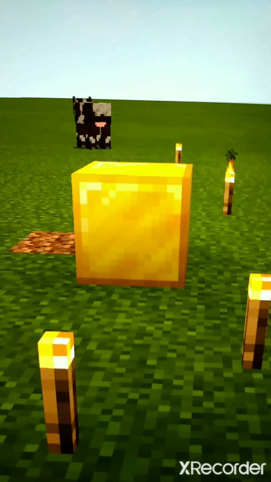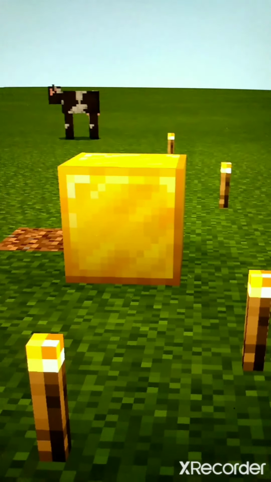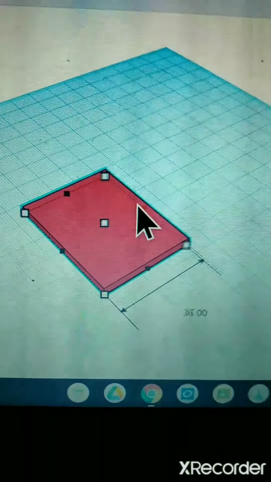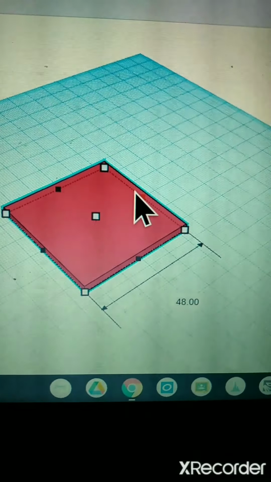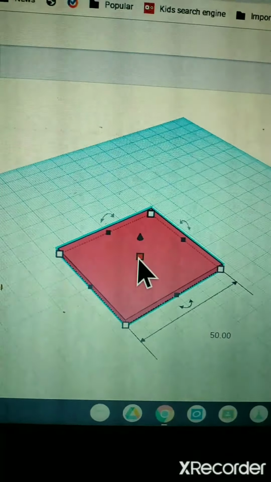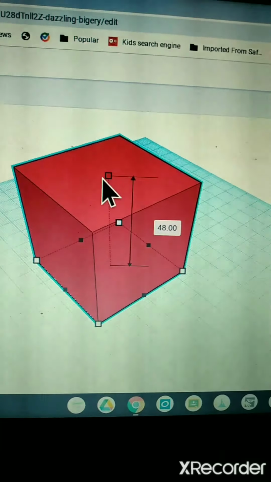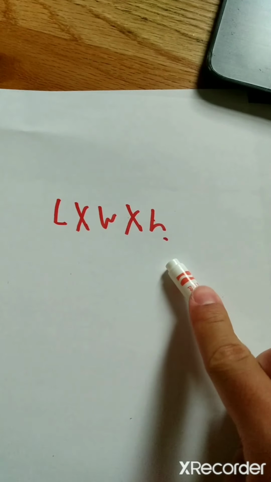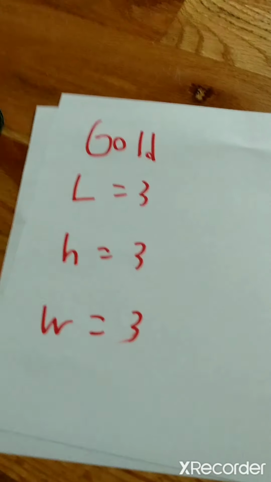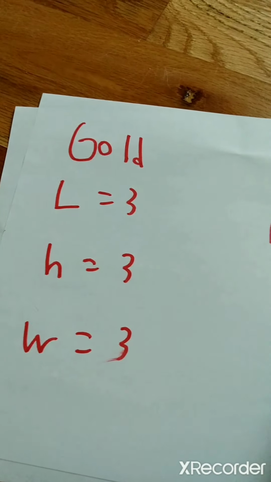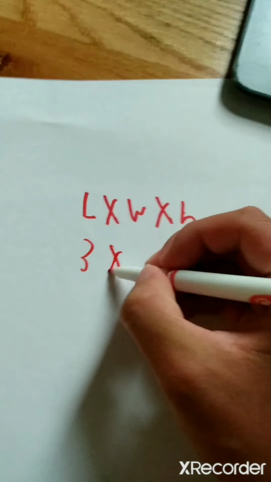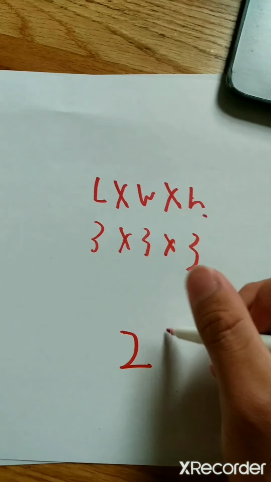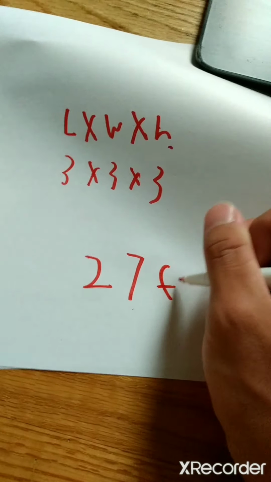Since Minecraft blocks are in the shape of a cube, the length multiplied by the width multiplied by the height gets us a cube. Length times width times height. So if all the dimensions are 3 feet, 3 multiplied by 3 multiplied by 3 brings us to 27 feet cubed.